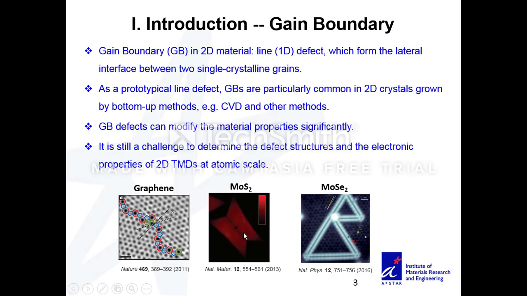In the PL mapping, the grain boundary appears as a dark line, while in the STM image, the grain boundary is shown as a bright line, meaning that the electron density is quite high there. It is still a challenge to determine the structure and electronic properties at atomic scale, especially for 2D TMD materials because of their symmetric structure and other properties.